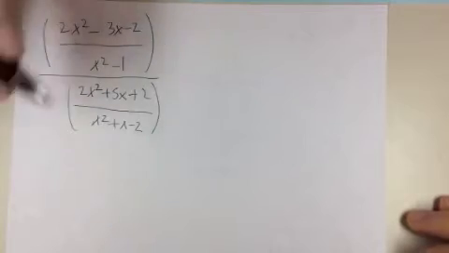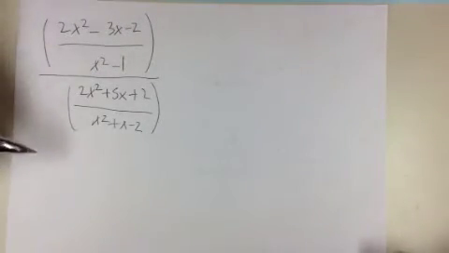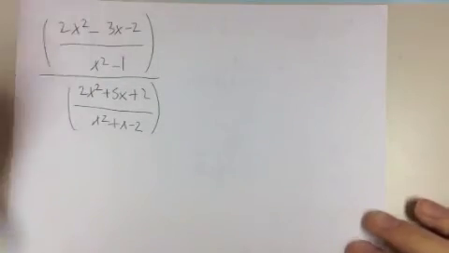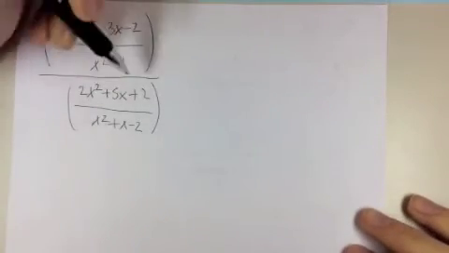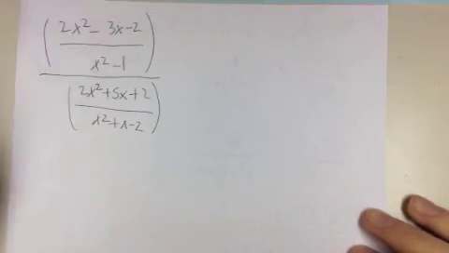So when we start a division problem, we want to invert the denominator and multiply. So what that means is we're going to flip this fraction and multiply it by the numerator.